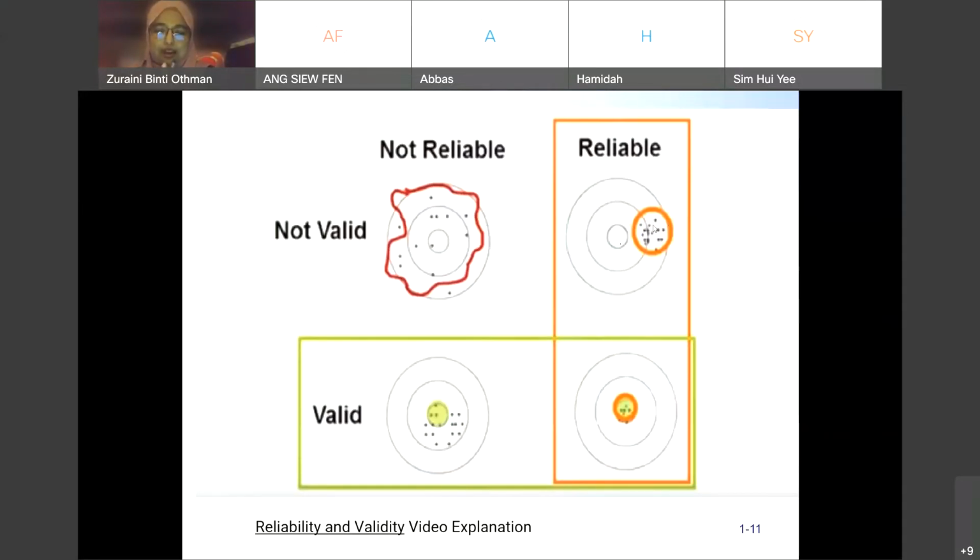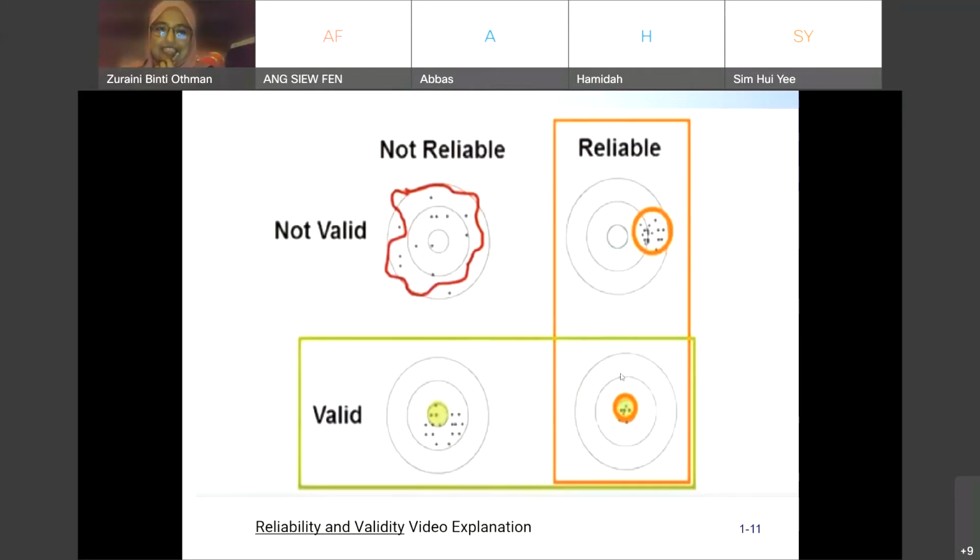We produce a new car, and when we measure our cars, the measurements are quite similar to one another. So we can say that our car is reliable enough compared to other products. We do not say that our car is good, but it is reliable enough compared to other products. You get what I mean?